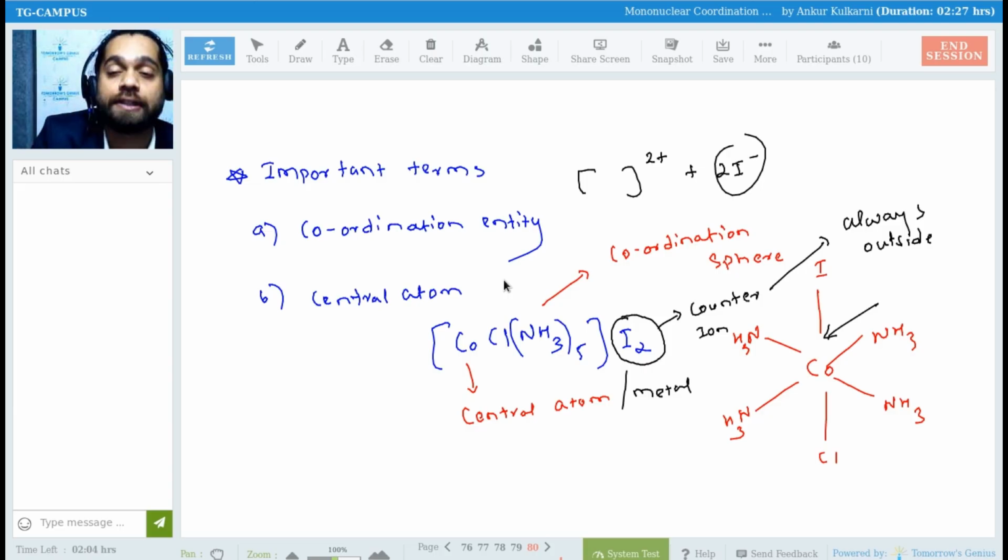So Co is your central atom, which will always be a metal. The square bracket we call a coordination sphere. That is our main complex. And whatever is outside the coordination sphere, or outside the square bracket, we call a counter ion.